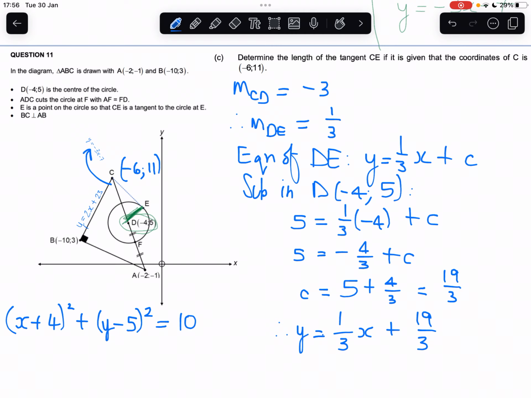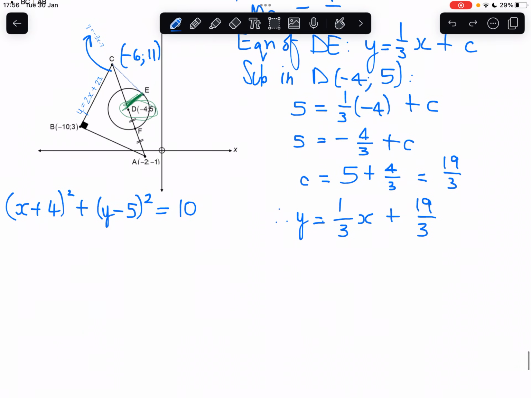So if we want the coordinates of E, we are going to need to solve these simultaneously, right? E lies on this circle and it also lies on this line. So we need to solve the two equations as a set of simultaneous equations. So let's see.